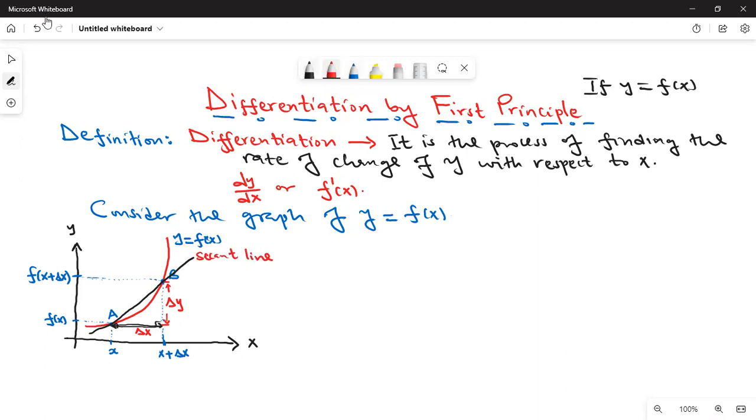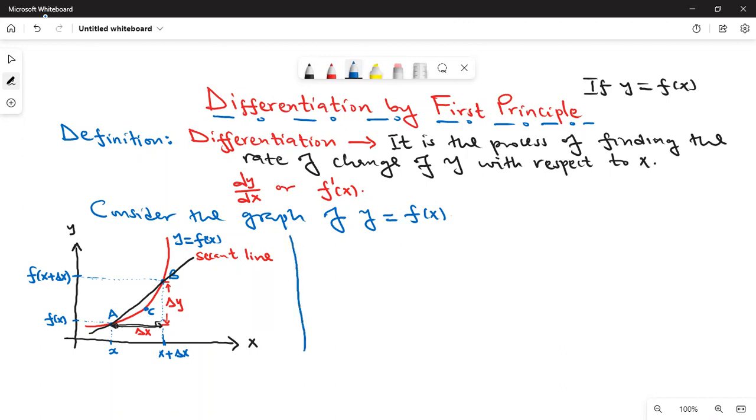Now, let us talk of another point on the curve. Let's call it point C on that curve. From this curve, we can get the gradient of the secant line.